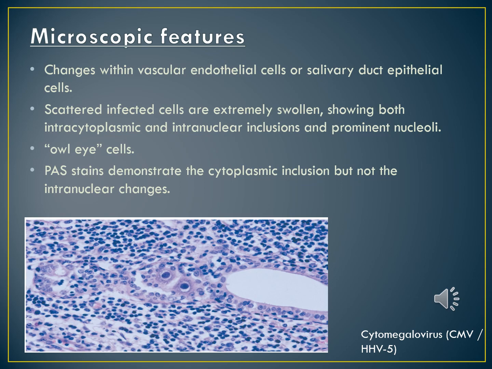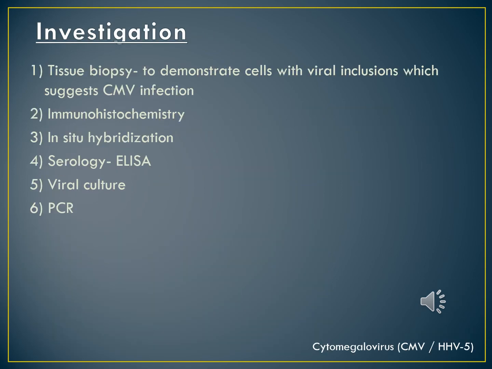PAS stains demonstrate the cytoplasmic inclusions but not the intranuclear changes. Investigation for CMV includes tissue biopsy to demonstrate cells with viral inclusions which suggest CMV infection, immunohistochemistry, in situ hybridization, serology, ELISA, viral culture, and polymerase chain reaction.